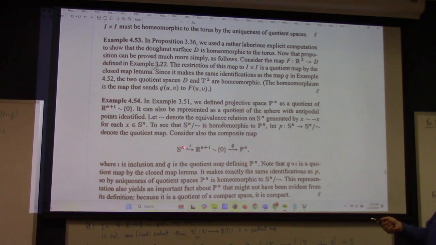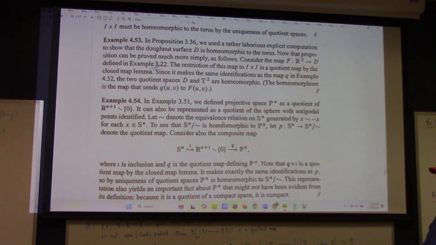This is compact, and this is Hausdorff. So this is a quotient map by the closed map lemma. And it makes exactly the same identifications as the previous quotient map. So that means that Pn must be homeomorphic to Sn mod the antipodal equivalence.